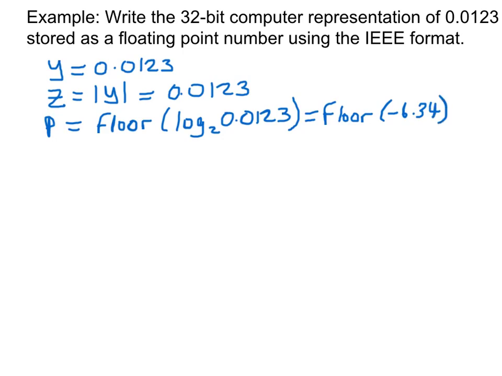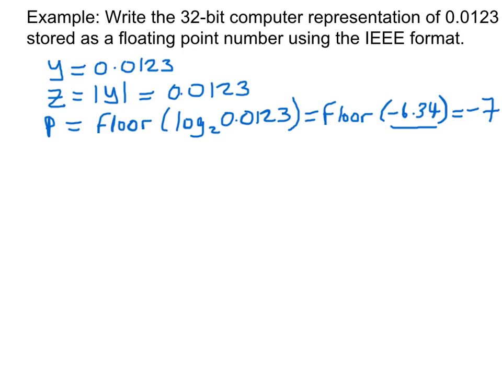Now flooring a number brings you to the integer that is smaller than the number represented in the bracket there. So the integer smaller than minus 6.34 is equal to minus 7. So be careful of that, your negative numbers.